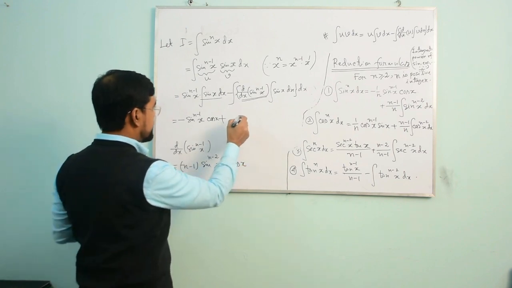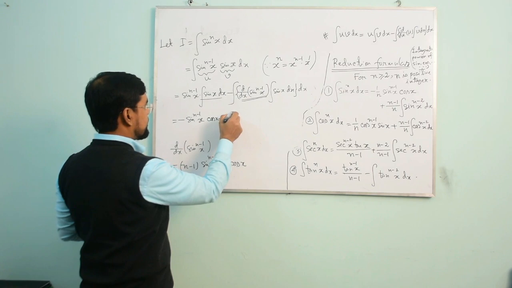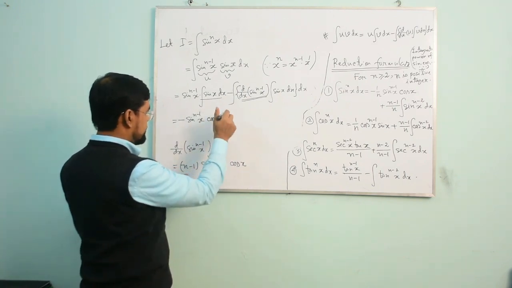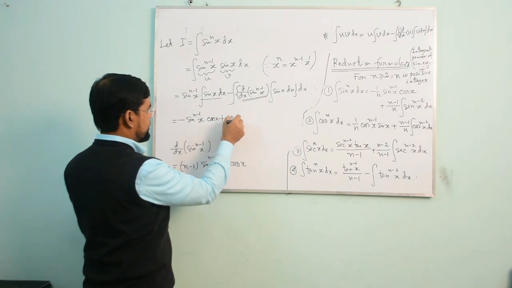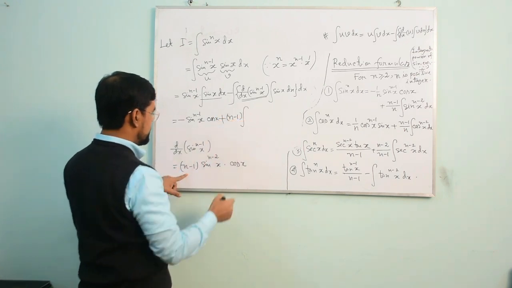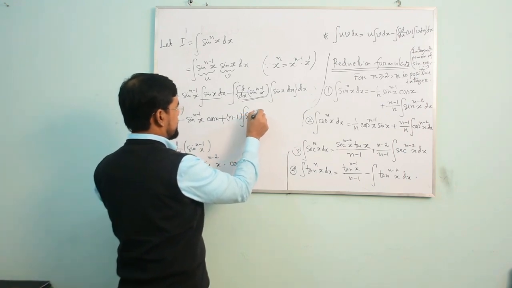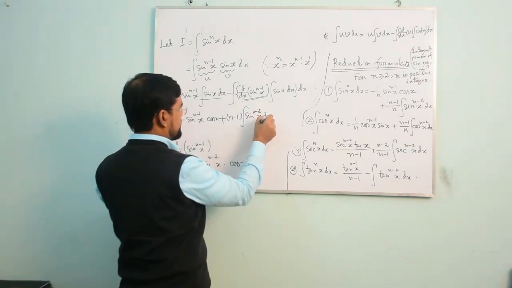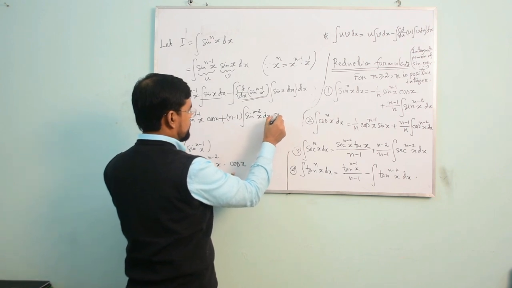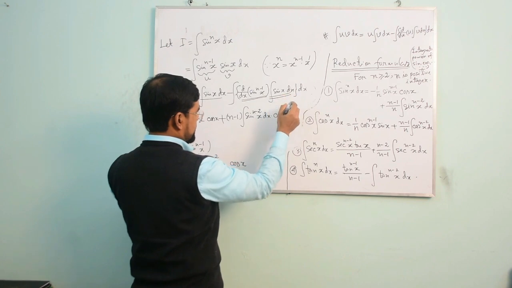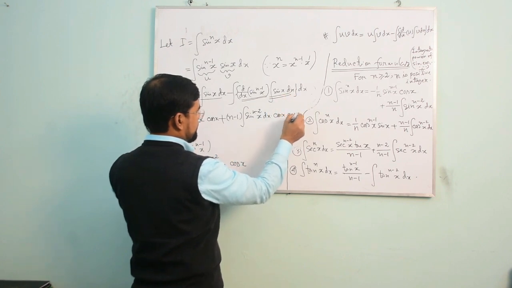Since n minus 1 is a constant, we can take it out of the integration: n minus 1 into the integration of sin to the power n minus 2 of x dx into cos x into the integration of sin x, which equals minus cos x.